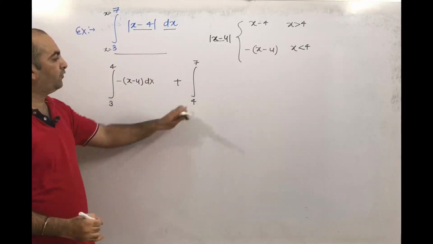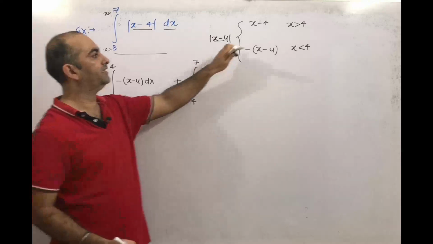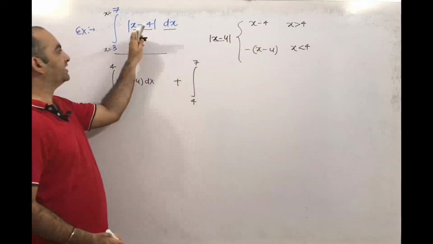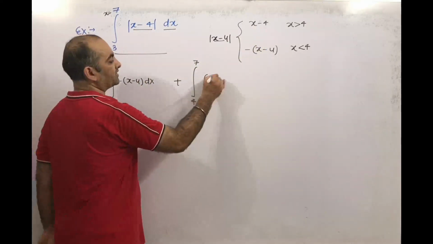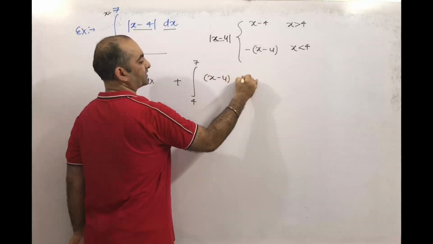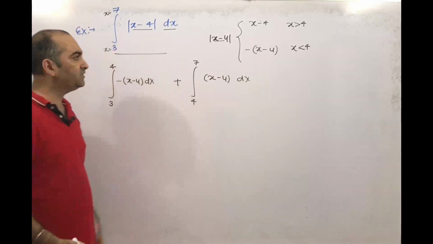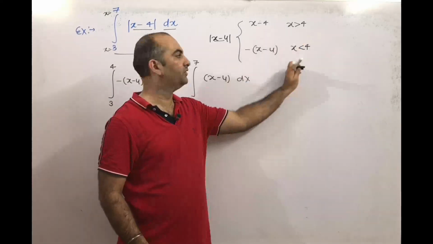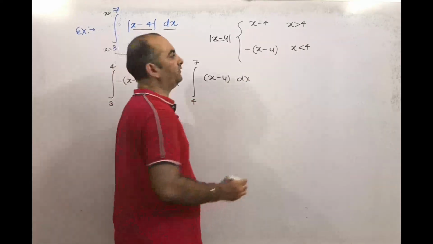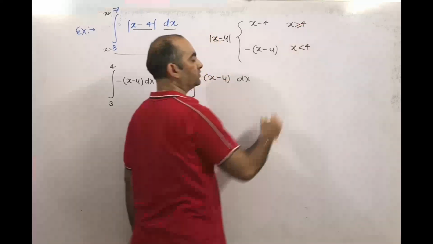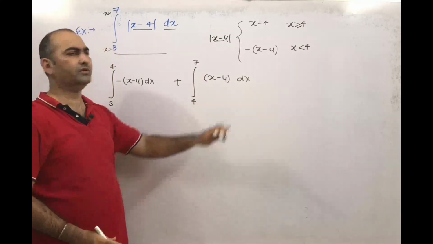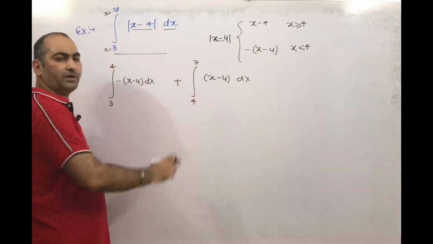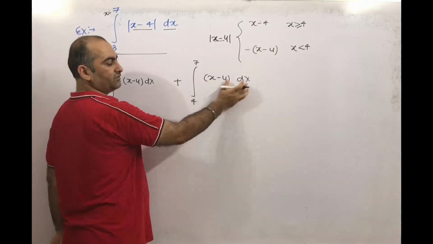And for 4 to 7, in this interval modulus of x minus 4 we can write as x minus 4 dx. This function is continuous, correct? Here we are not including 4, but 4 you can include anywhere. So we can include it here, and this will come plus 4 to 7 x minus 4 dx.